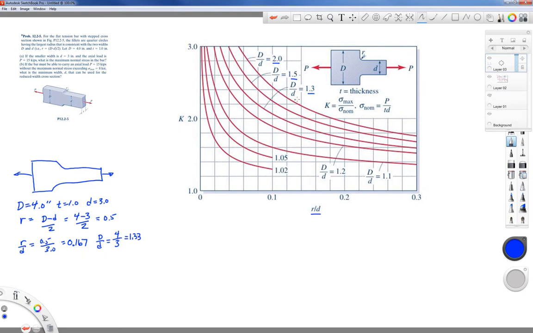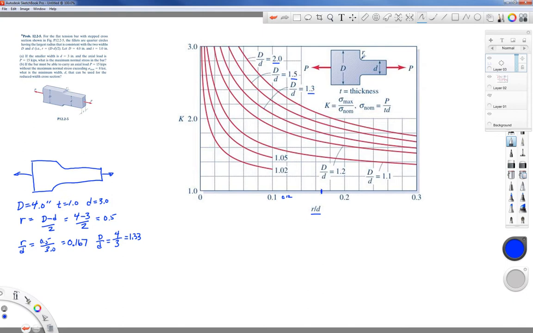So 1.33 is pretty close to this curve right here that they're pointing to. Little r over little d of 0.167. Let's see. Looks like each of these divisions are 0.2, so this would be 0.12468. So 167 is pretty close to here. All right.